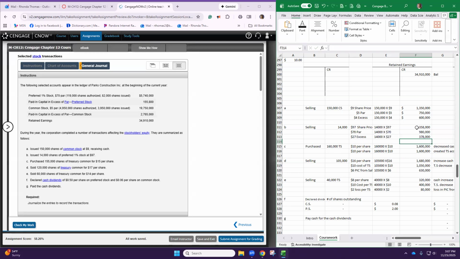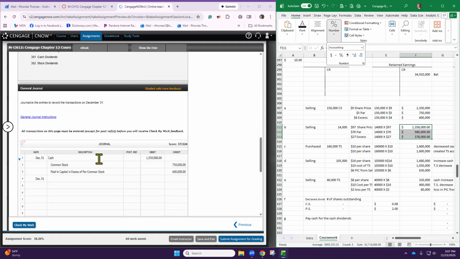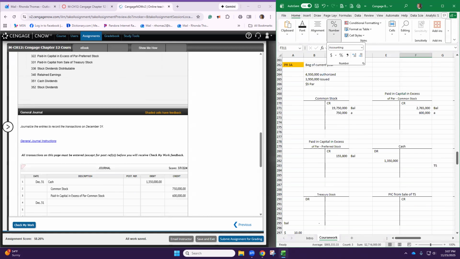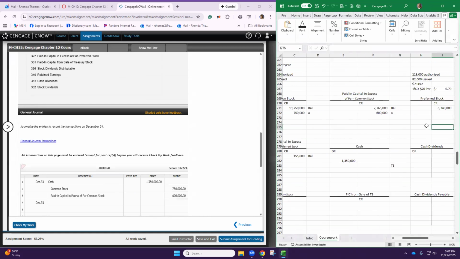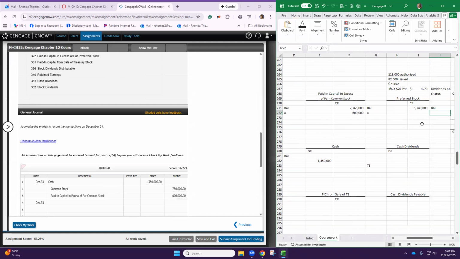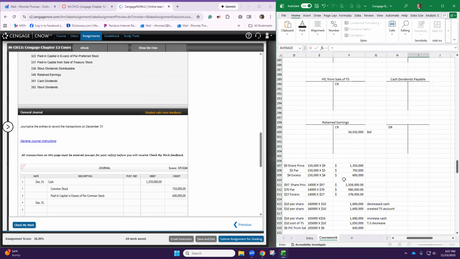These are dollars here. Those are the two. Now we're going to put this in. So we're going to do preferred, and this is going to be B. This equals what I just calculated.